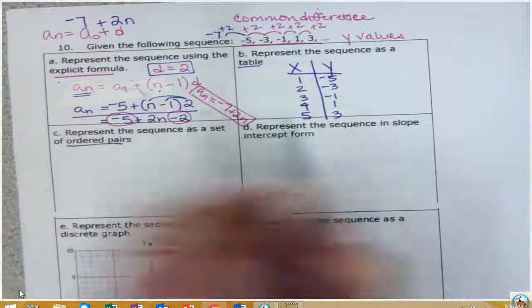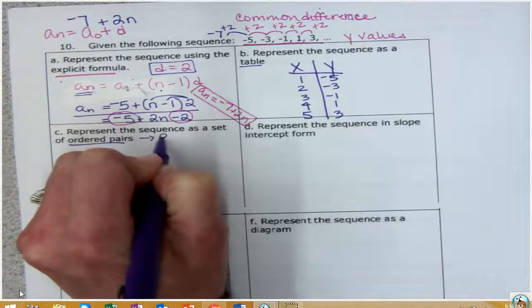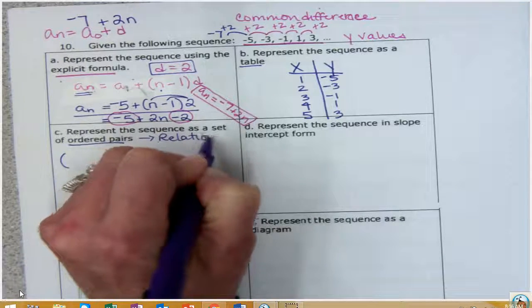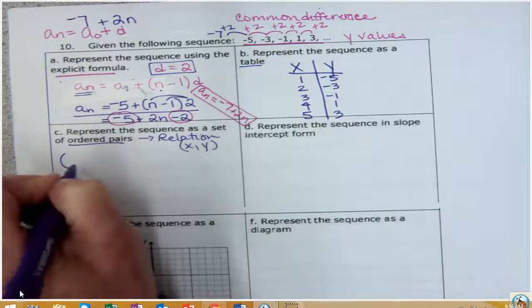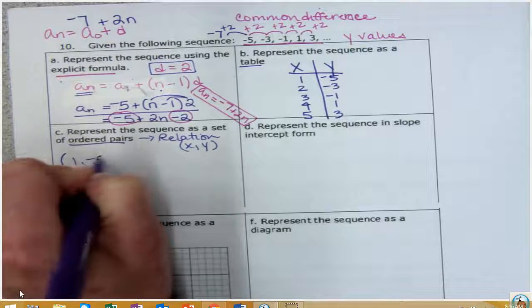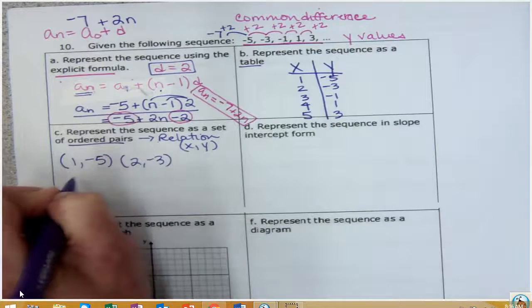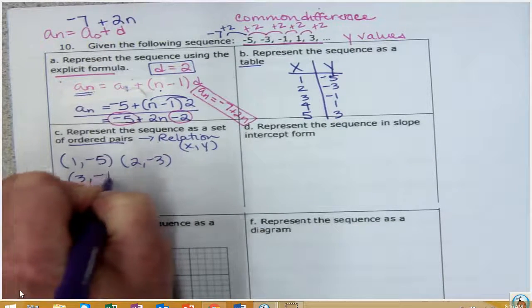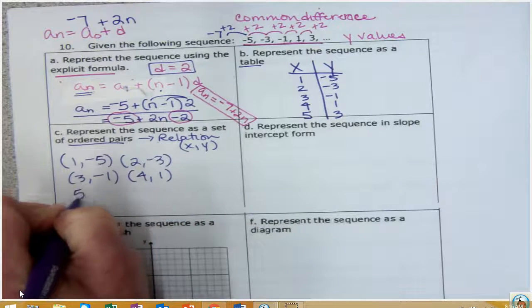Ordered pairs, we use the same thing, except we're putting it in a relation. This is your relation, your XY data points. So we've got 1 comma negative 5, 2 comma negative 3, 3 comma negative 1, 4 comma 1, and 5 comma 3.